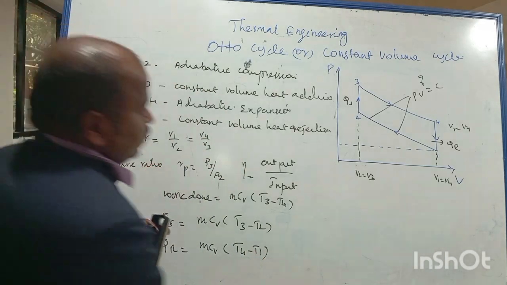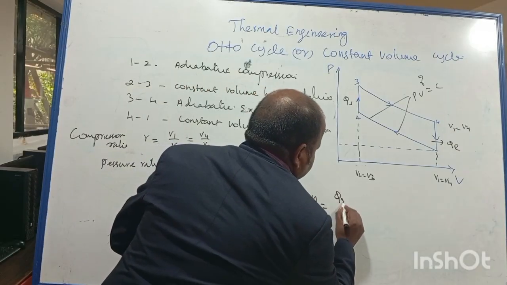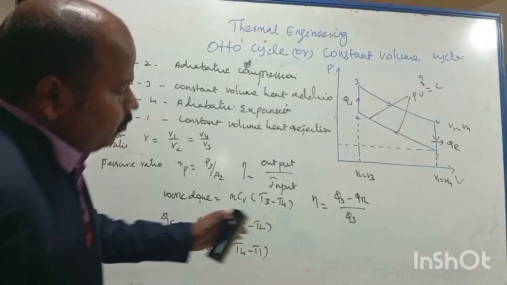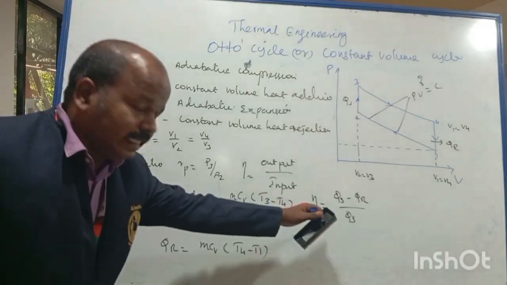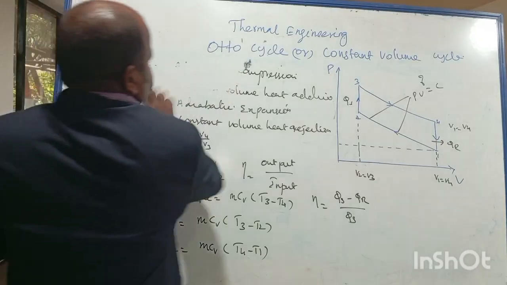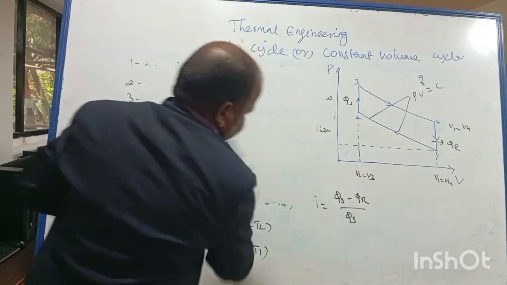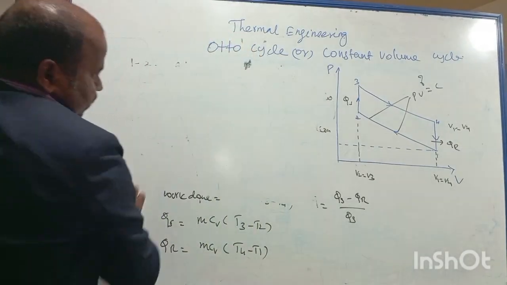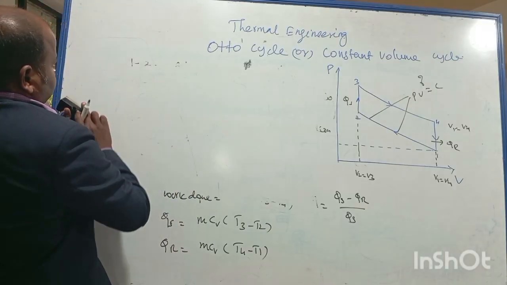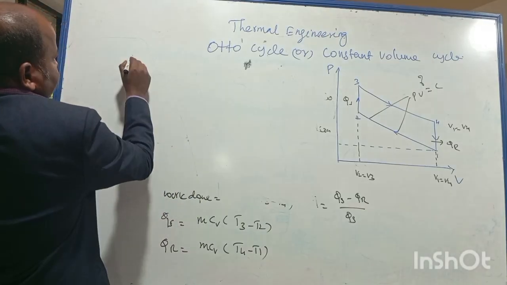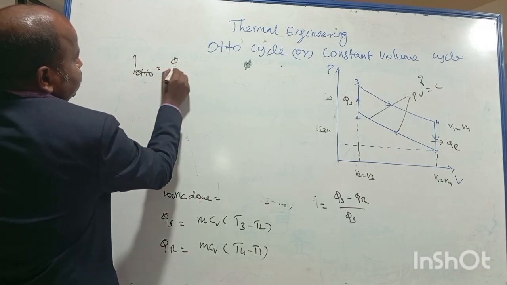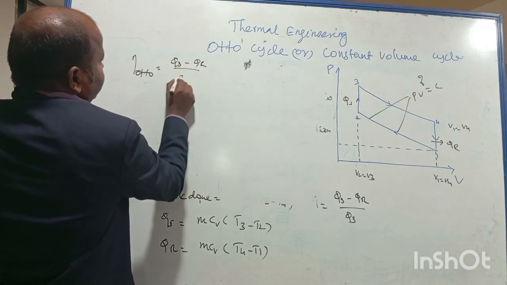Now we can write the efficiency as Qs minus QR divided by Qs. We are going to substitute all those formulas into this equation and derive the final thermal efficiency. Efficiency of the Otto cycle equals Qs minus QR divided by Qs.